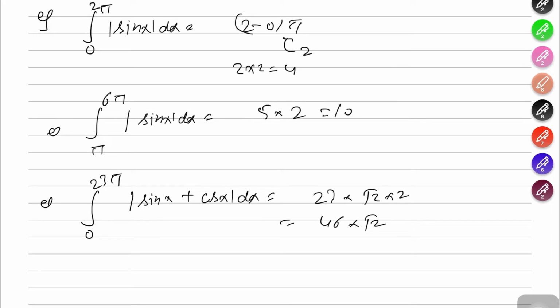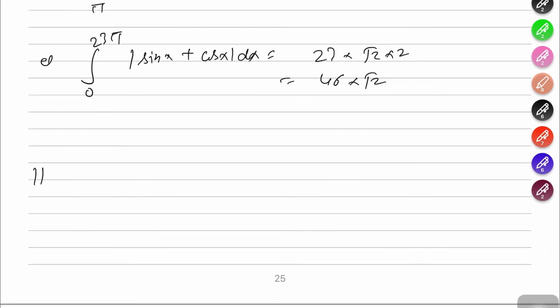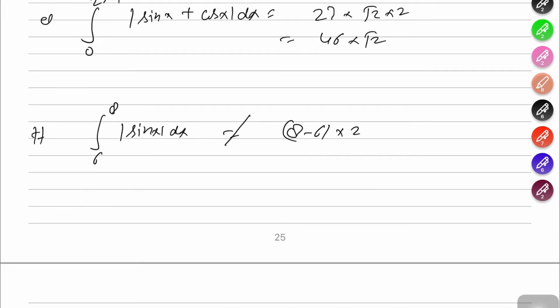That is the answer. One more thing, mind it, if we are integrating, let's say, 6 to 8 of mod sin x dx, then we can't write 8 minus 6 into 2. This is wrong. It should be an integral multiple of pi.